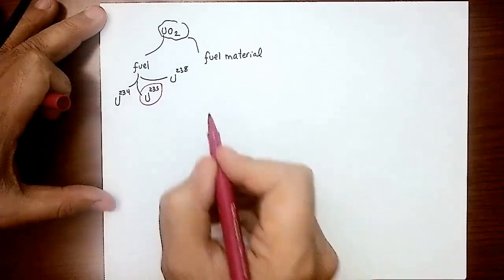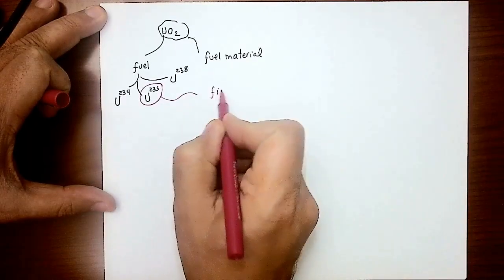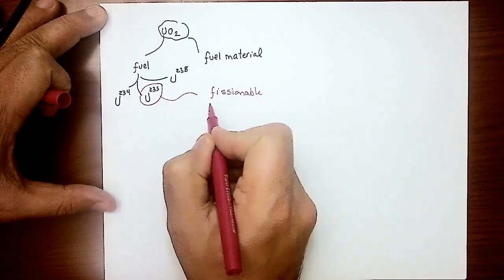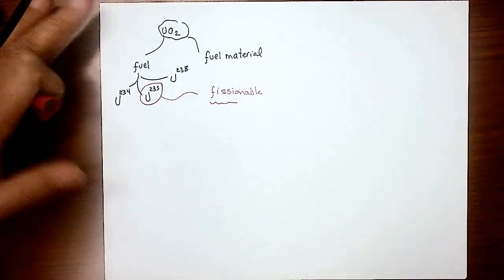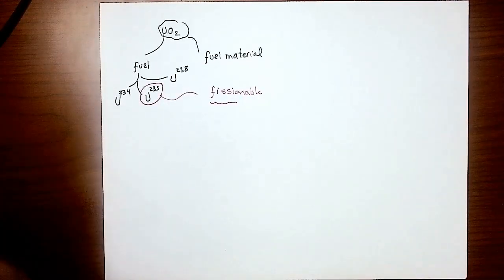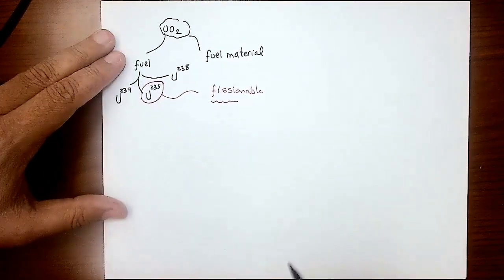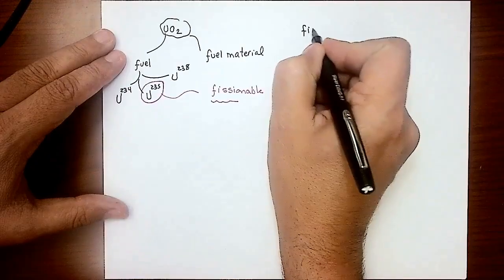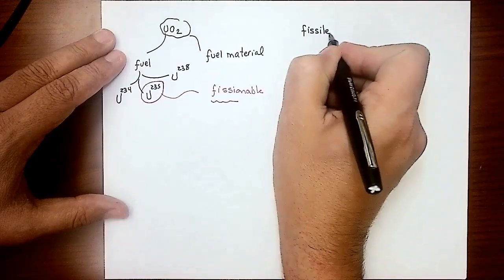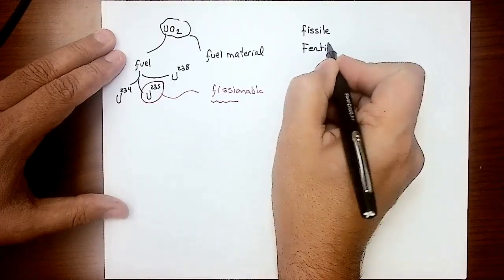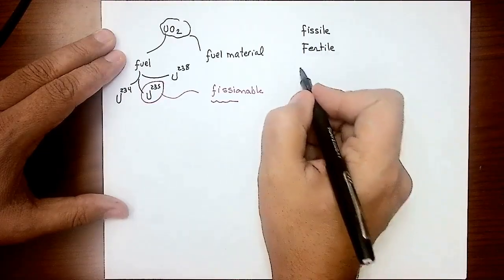Why? Because it is fissionable. And this is where the word fission reaction came from, right? We actually have 3 different terms we use for any material. The material could be fissile, could be called fertile, or could actually be fissionable.